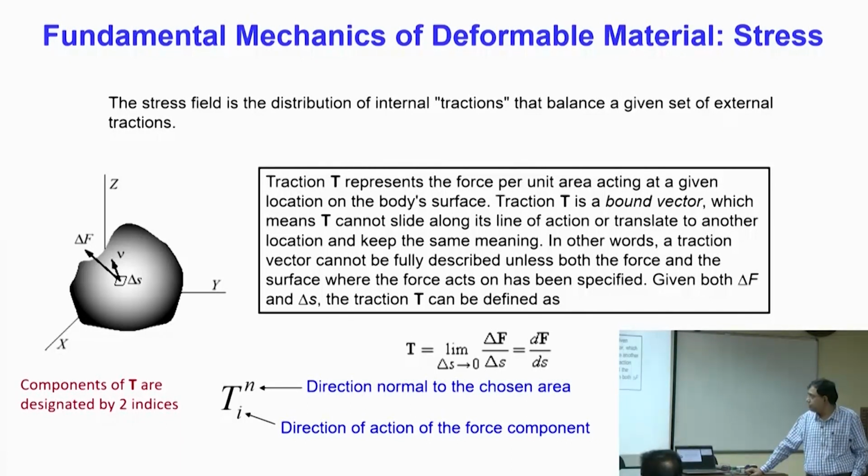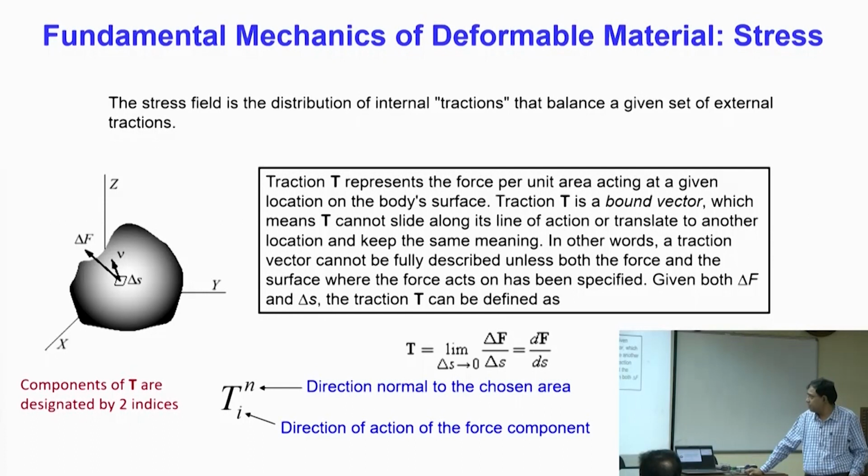Why is it important? Because this calculation of the limit is not just dependent on the magnitude of ds, but also on how delta s is oriented, because if delta s is oriented differently, then at the same point you will get a different delta F. So, that is why you have to specify that n direction also.